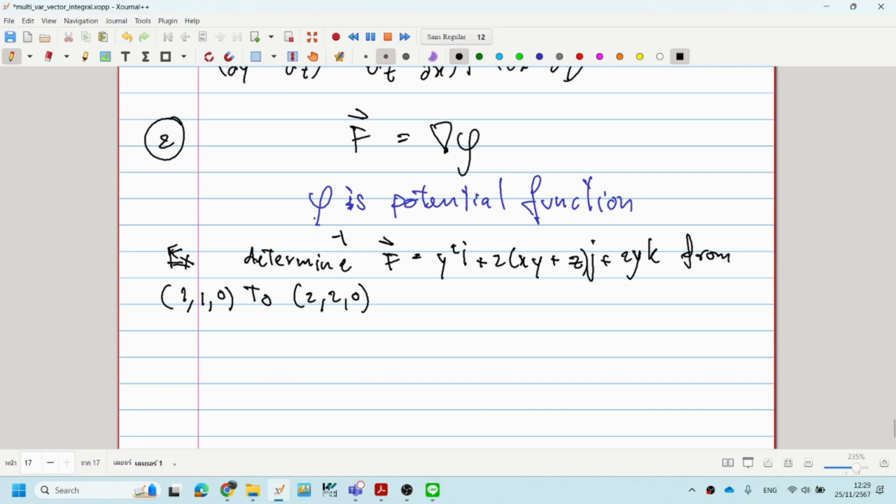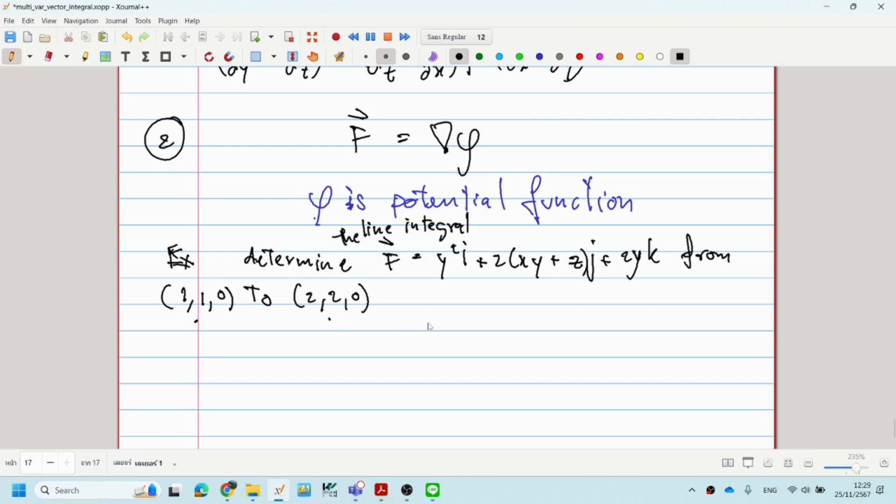Determine the line integral value of f with components i, j, k from this point to this point.